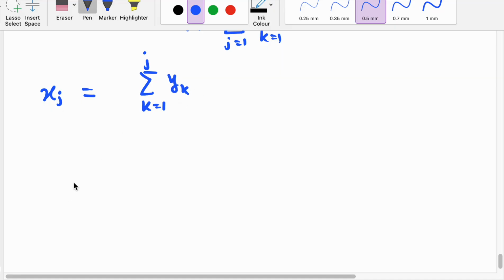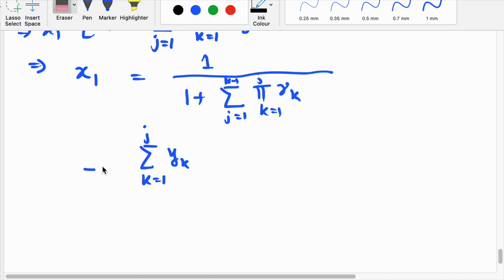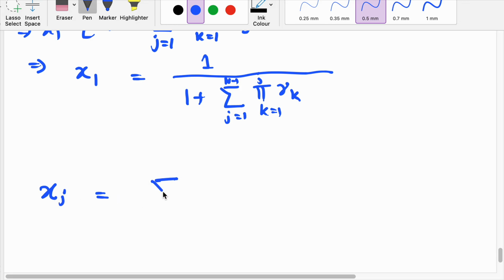This will be similar, but where before we went up to n minus 1, here it will go only up to j. So xj will become a summation of y, and maybe I should write y here, then it will be fine.